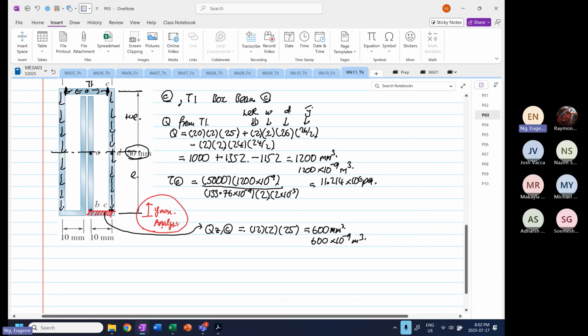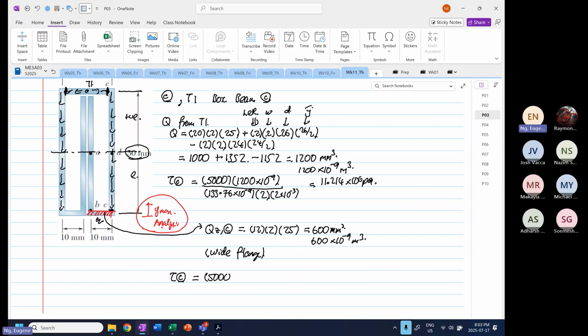So we know at point C over here, we only have it as a white flange, because you only have Q in one side only, right? So when that's the case, the shear stress at point C is equal to 5,000 multiplied by 600 times 10 to the power minus 9, divided by 133.76 times 10 to the power minus 9, divided by 2 times 10 to the power minus 3.